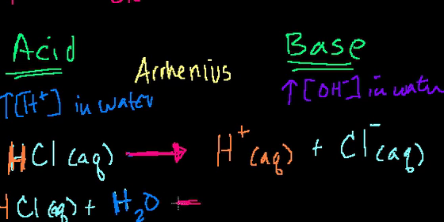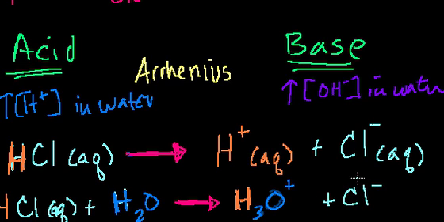It's a one-way reaction, and then you end up with H3O plus. It donated its hydrogen proton to this water molecule, and then you have plus the chloride anion in an aqueous solution.